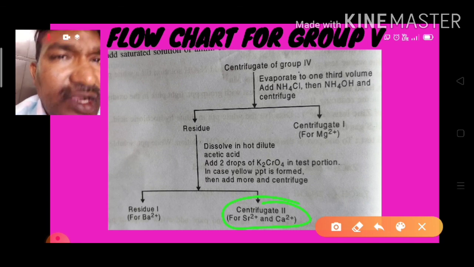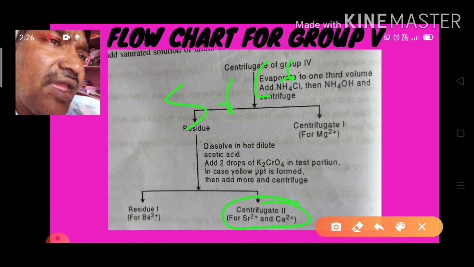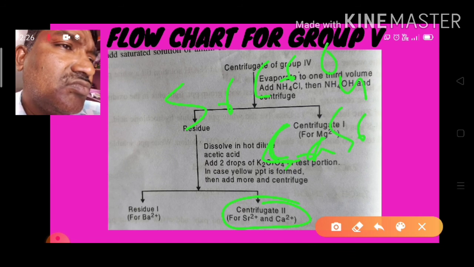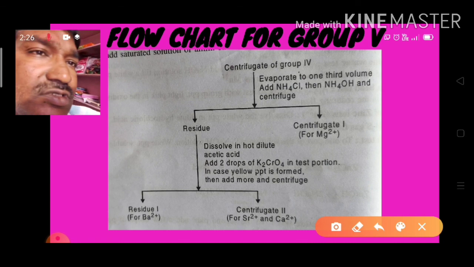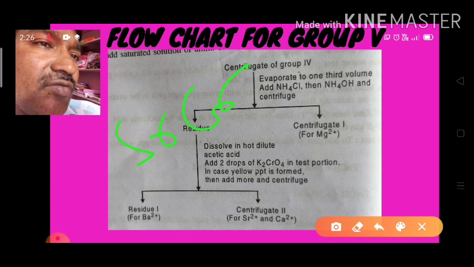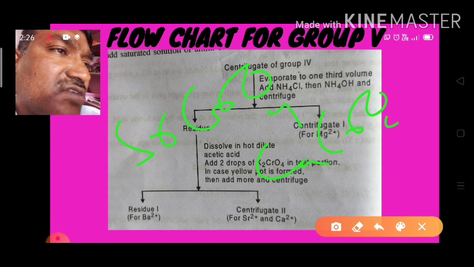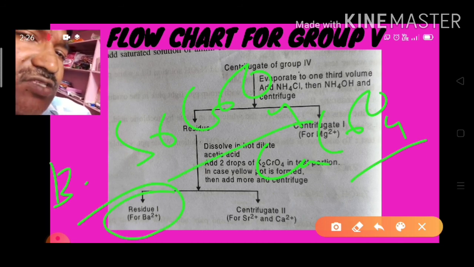Strontium chromate and calcium chromates are soluble salts, whereas the barium chromate is an insoluble salt.